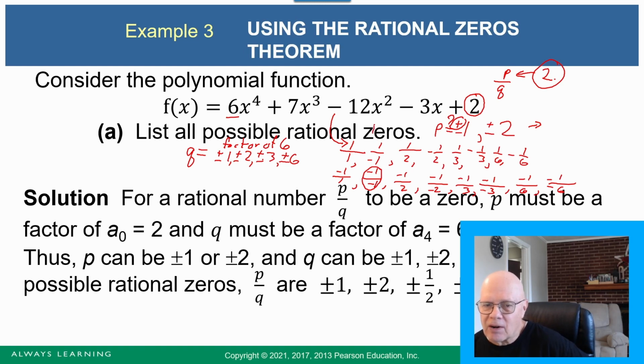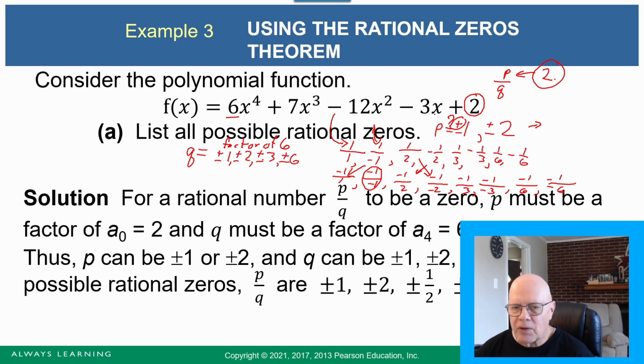And this one right here, the second one, is actually the same as that one. So those 4 give us only 2 possible rational zeros. And some more of those happen. Like these are the same, these are the same. So that narrows it down quite a bit. Now, that's using the p-value.